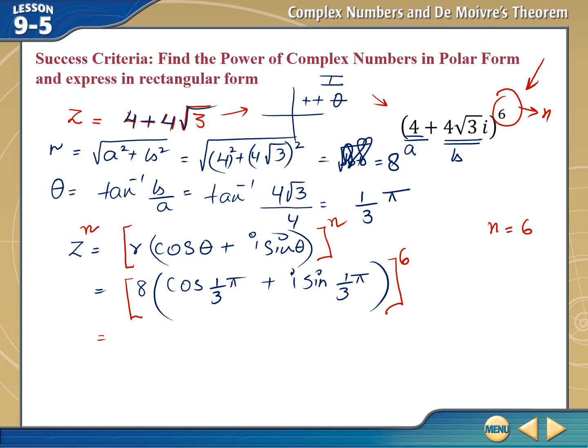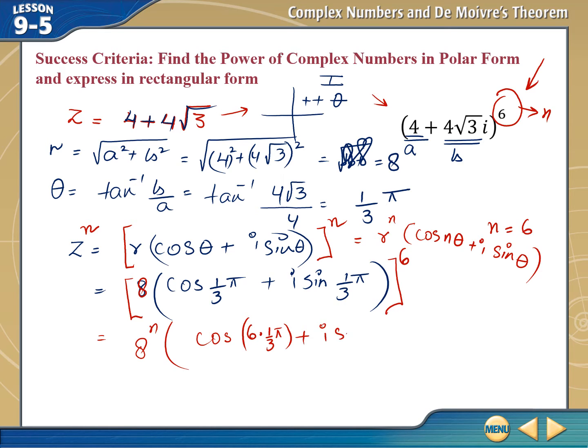Now while applying De Moivre's theorem, what do we do? We raise the power, we write r to the power n, and then we write cos n theta plus iota sine n theta. This is the formula for this theorem. So you write 8, 8 is our r, so you write 8 to the power n. After that you write cosine of 6 times 1 over 3 pi. Don't forget to put a bracket because this whole thing is your angle.